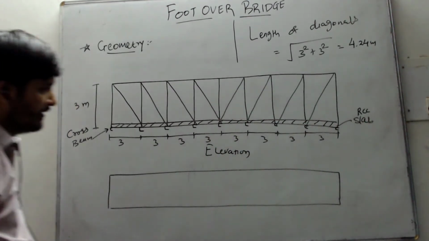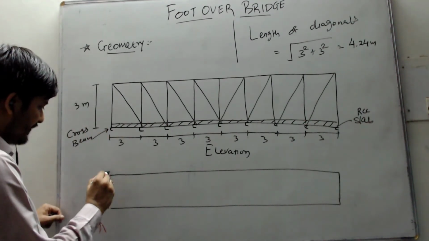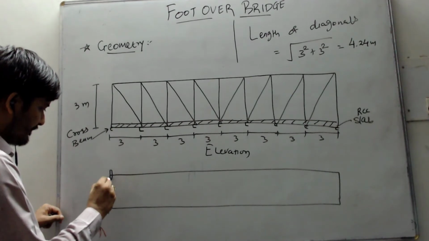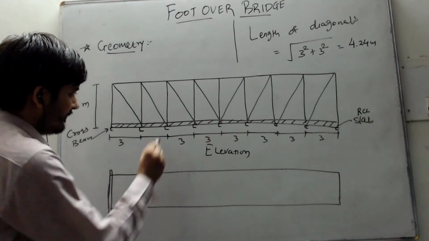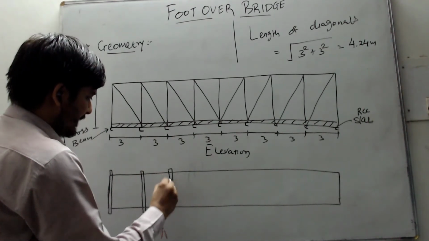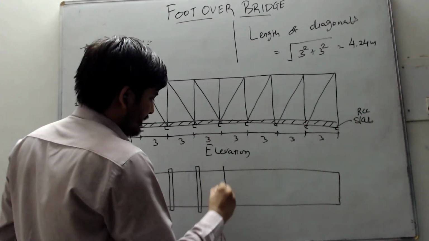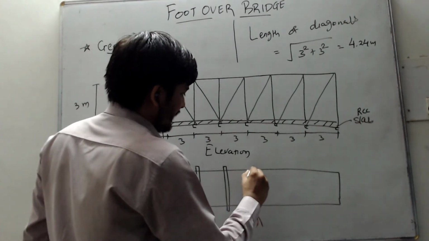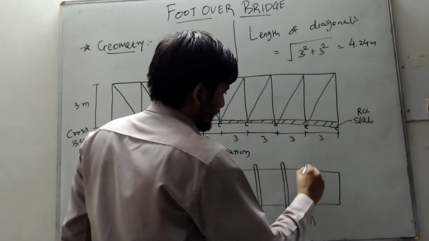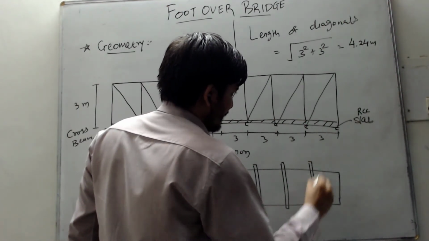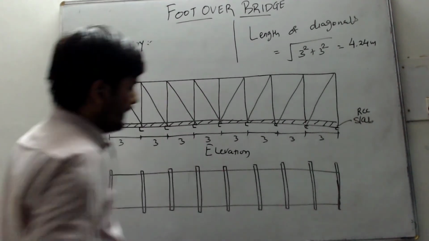The first one will be somewhere here, the second one will be here below the panel joints, this is the third one, and fourth, fifth, sixth, seventh, eighth, and the last one. So these are called cross beams.